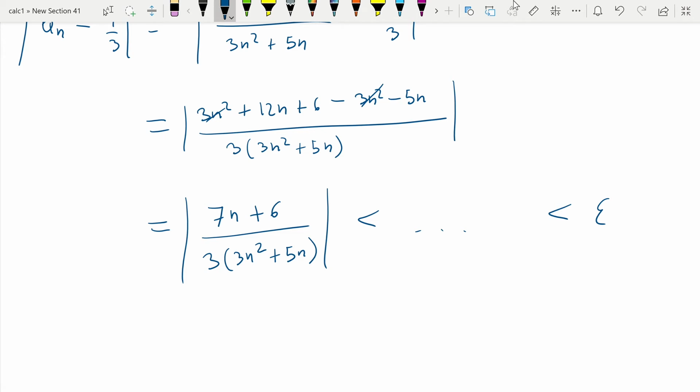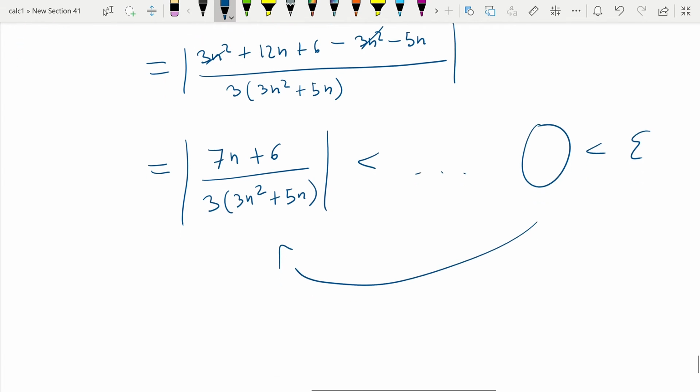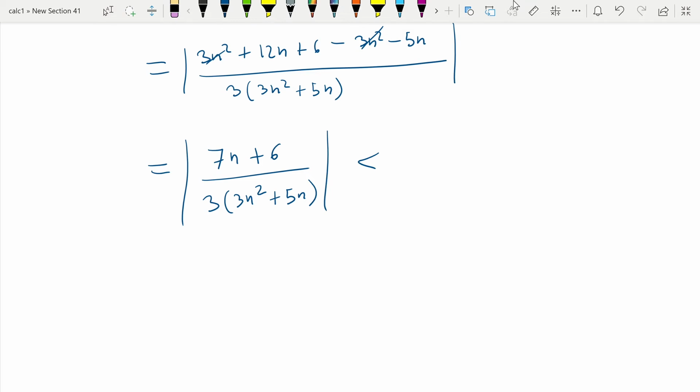If you impose that this quantity at the end is less than epsilon, then you will be able to say this quantity is less than epsilon, because you have a string of inequalities. So what you want is to bound this quotient from above, and you achieve this by making the numerator bigger and the denominator smaller.